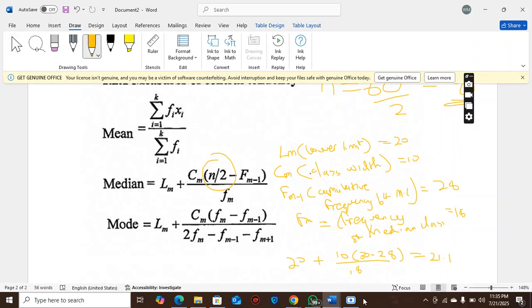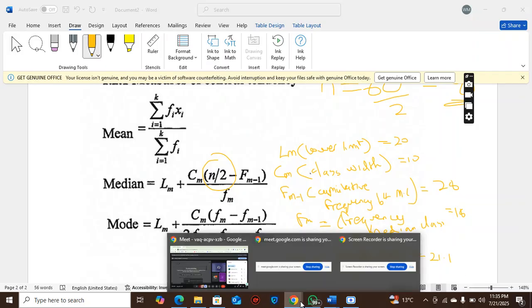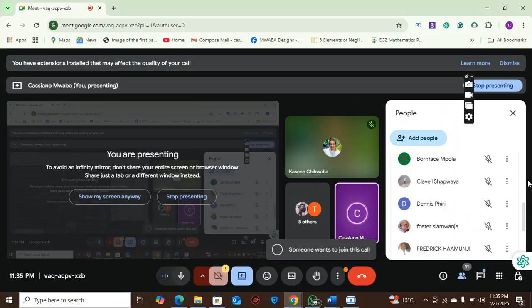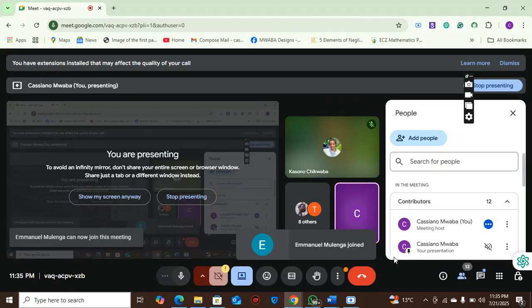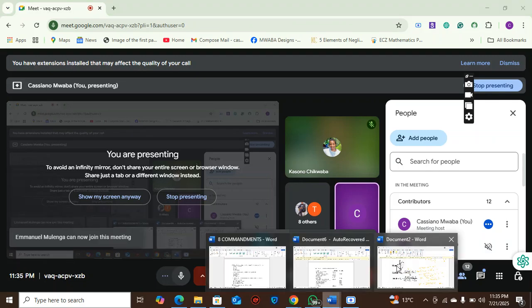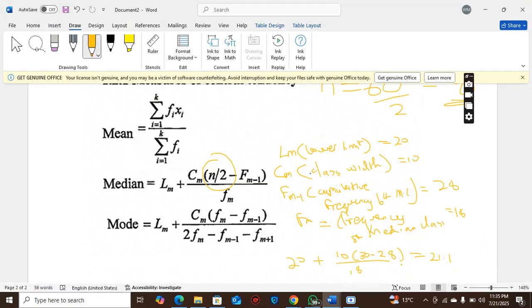Remember, the median just splits the data in the middle. It's just telling you what percentage is above and below, which is always 50%. And we will get 21.11.